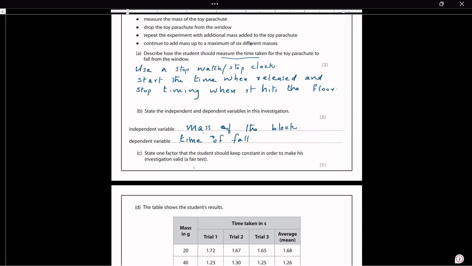So as a control variable, we can consider the height from which the parachute is released.